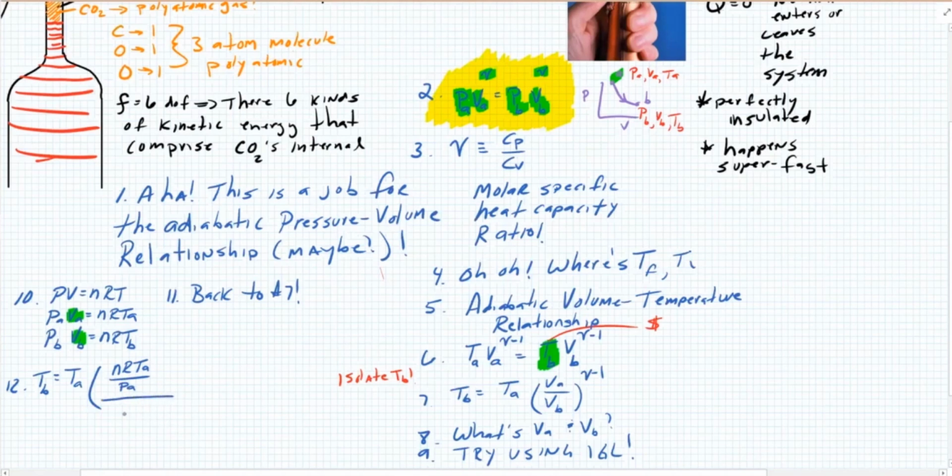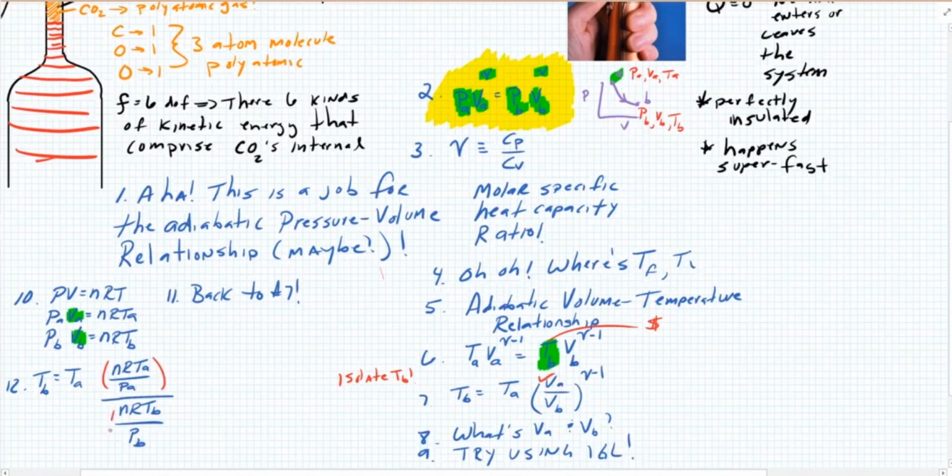Here's VB, nRTB all over PB. All right, so that looks pretty messy, but you can probably see already how that's going to greatly simplify. This is my volume at A. So I dealt with VA.